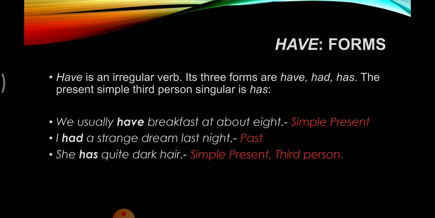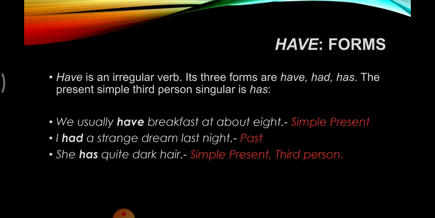First example, we usually have breakfast at about 8. So, usually, have, simple present. I had a strange dream last night. Last night, so it is a past experience. So, it will be had.